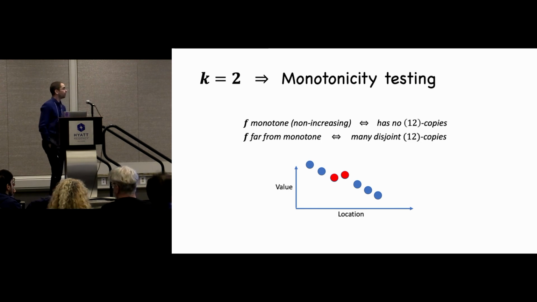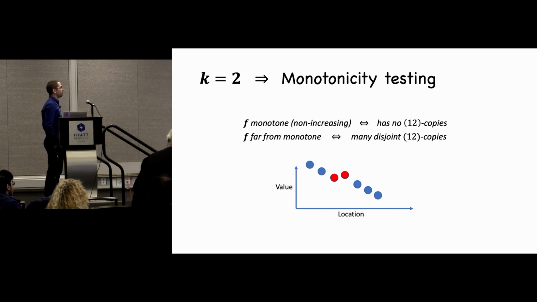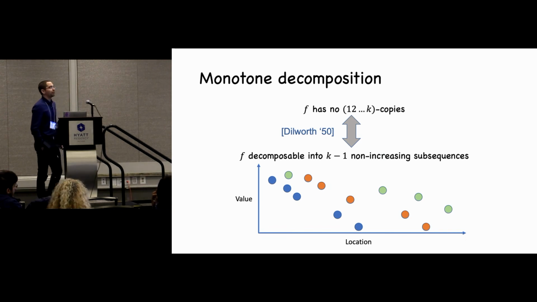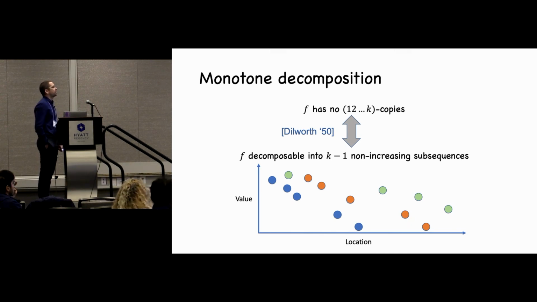And being far from monotone, non-increasing, is equivalent to having many disjoint copies of 1 and 2. And in fact, this phenomenon is more general.